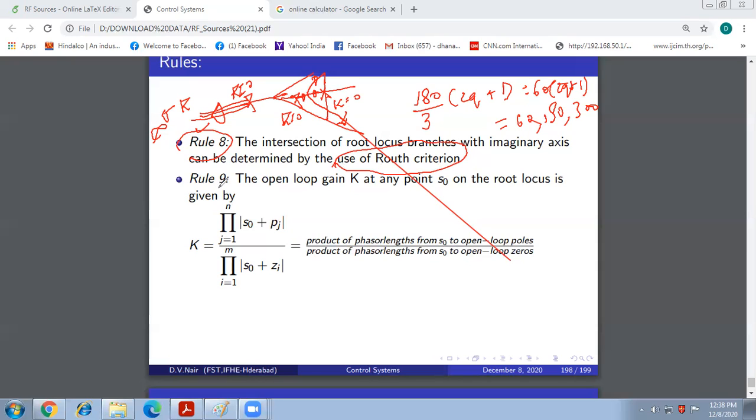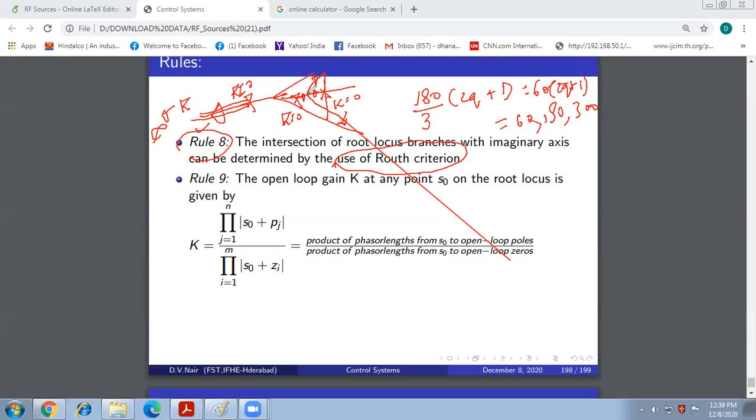Next, rule 9 tells about determining gain k at any point s naught on the root locus. We know root locus, as in this example, tells us all possible values of the closed loop poles, or the roots of the characteristic equation, with respect to variation in gain k, right, from 0 to infinity.